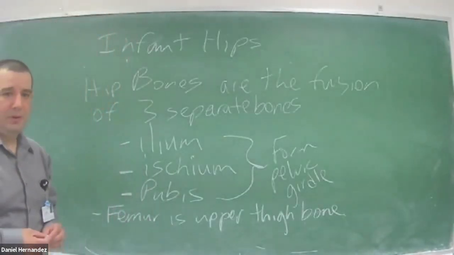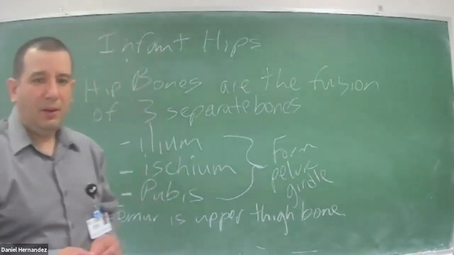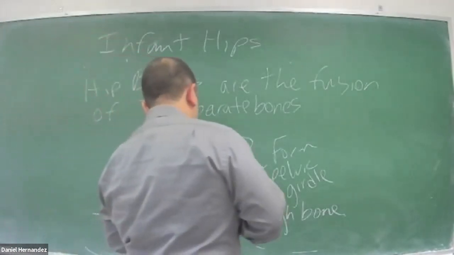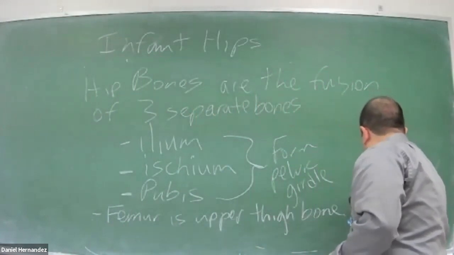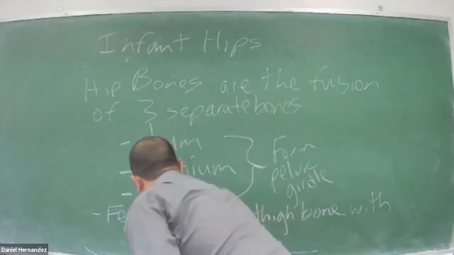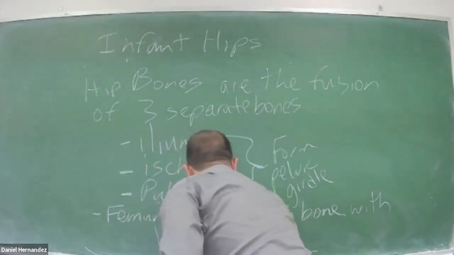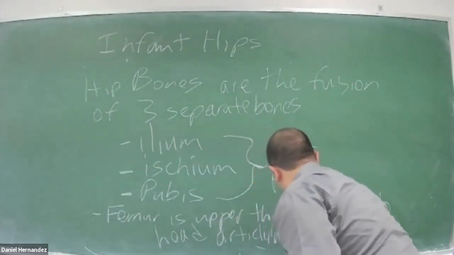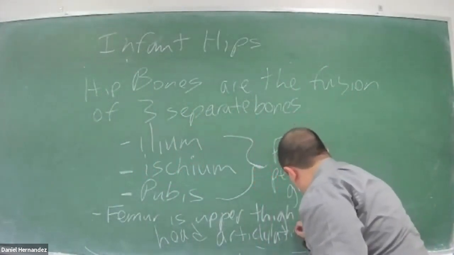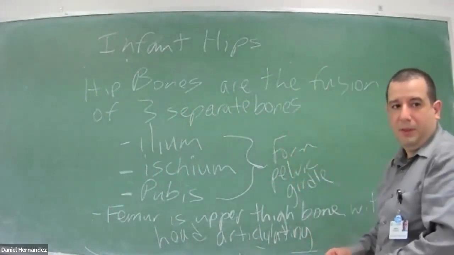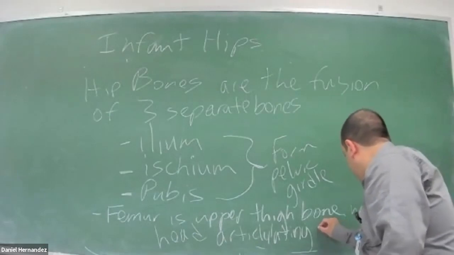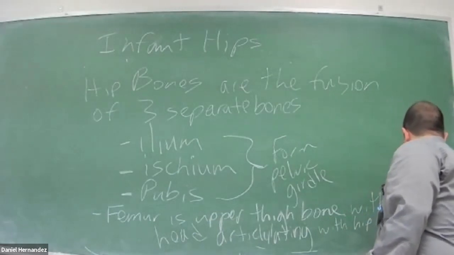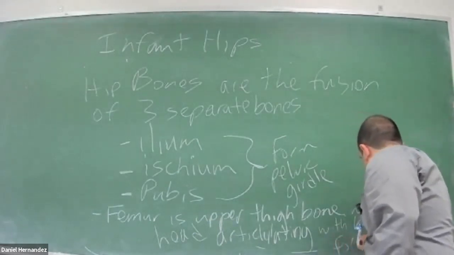The upper part of the femur, which is the head of the femur, articulates with the hip bone to form the hip joint.